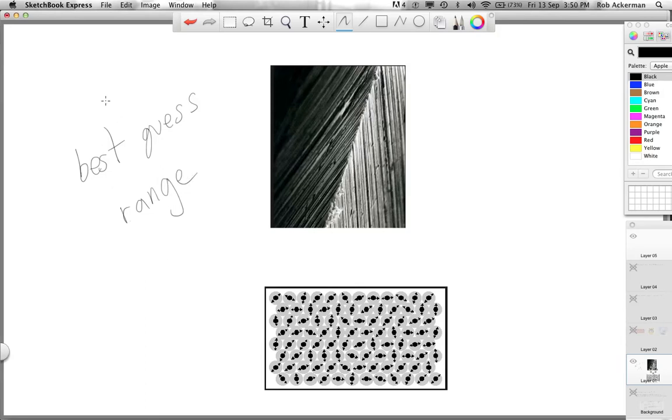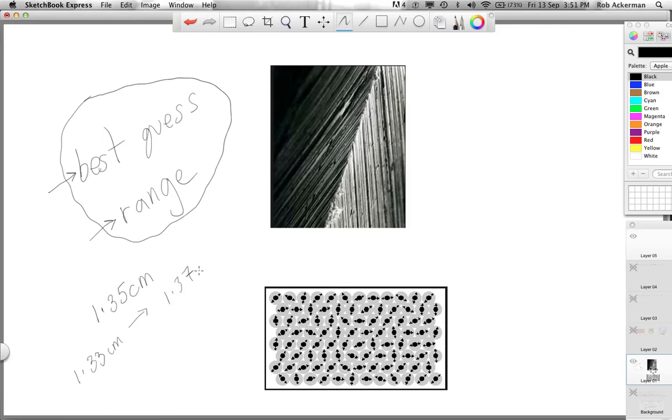And this is an important concept. Don't ever forget this. This is the whole concept of experimental uncertainties. The best guess is exactly what it's called, best guess, and the range is what we call your uncertainty. As an example, you might write something like, I think this razor blade is 1.35 centimeters across. However, the range could be anywhere from 1.33 centimeters all the way up to 1.37 centimeters.